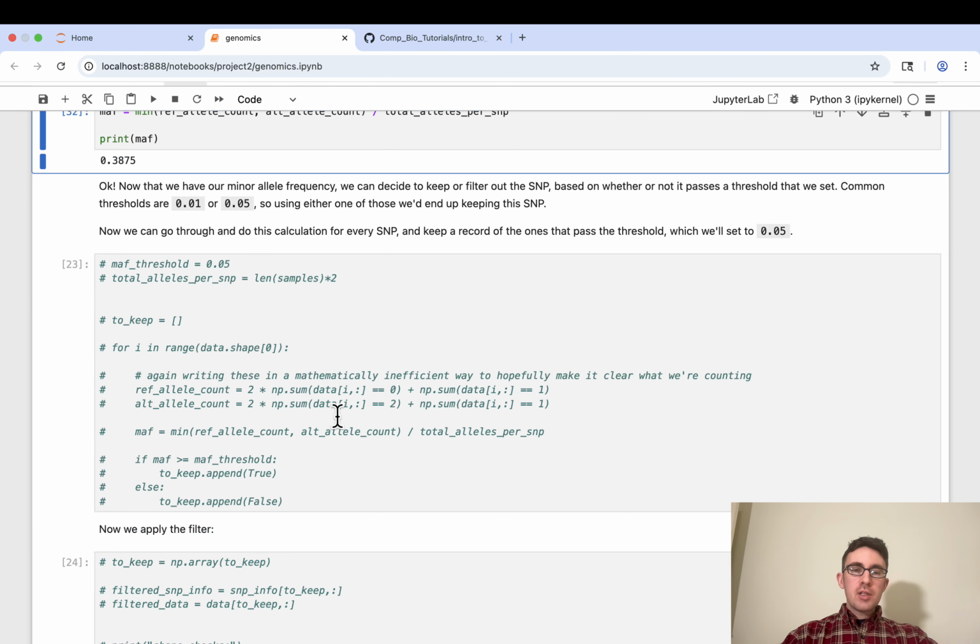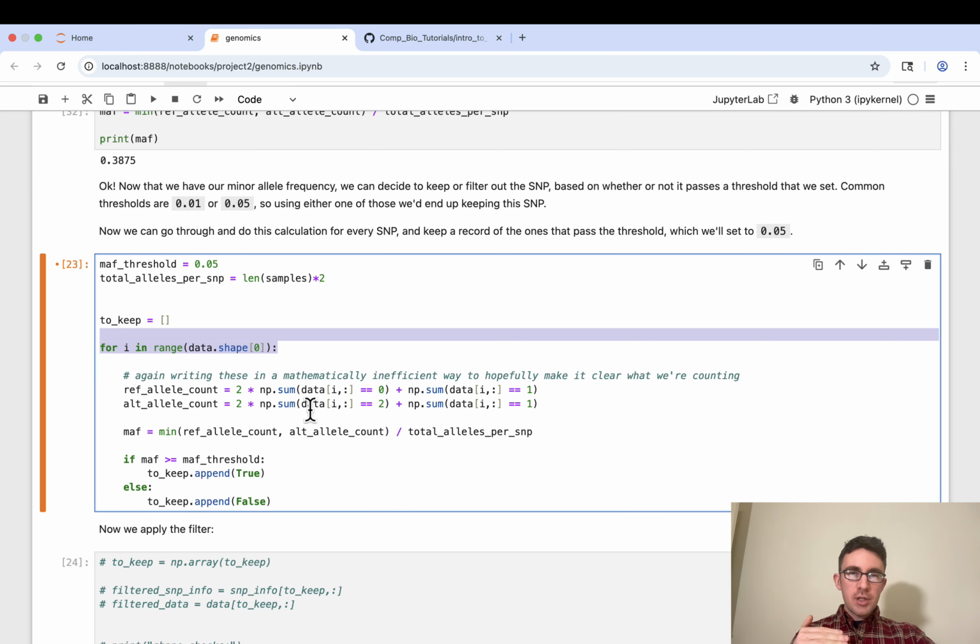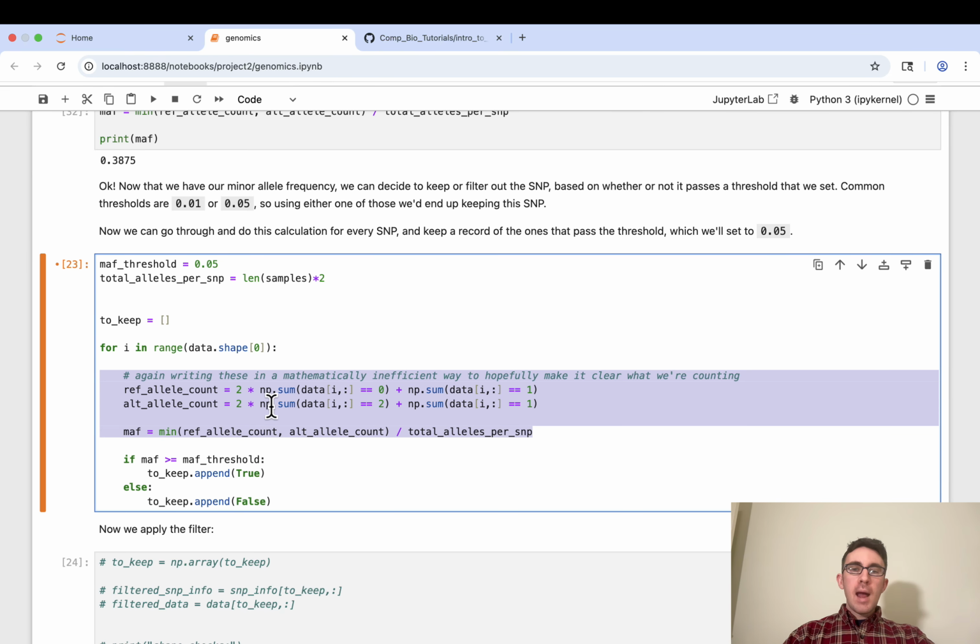So basically what we're going to do for this next step is define a minor allele frequency threshold of 0.05. And then we're going to go through and check each SNP one by one in a for loop. For each SNP, we're going to calculate the minor allele frequency, doing the math that we just practiced on the first SNP. Then for each one, we're going to check if the SNP's minor allele frequency is greater than or equal to the threshold of 0.05.